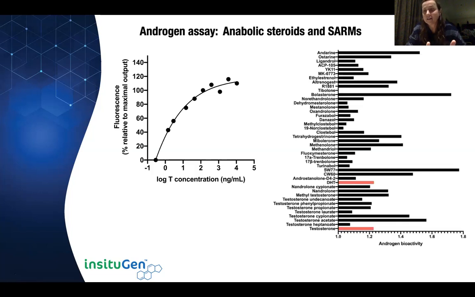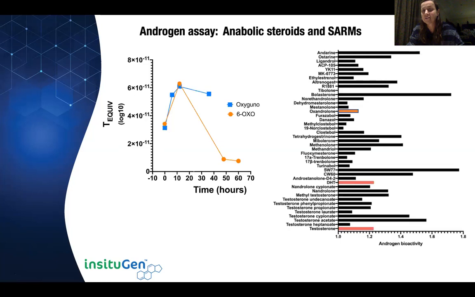But all of this data is with androgens in their pure form dissolved in ethanol. So we also wanted to make sure that we could detect these anabolic steroids when they're administered to a horse and we're provided with a biological sample. Here we were given plasma from a horse that was given oxyguno, or a different horse that was given 6-oxo.